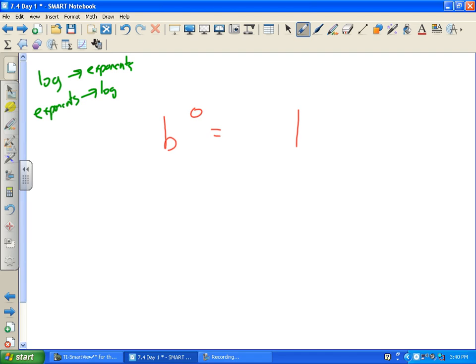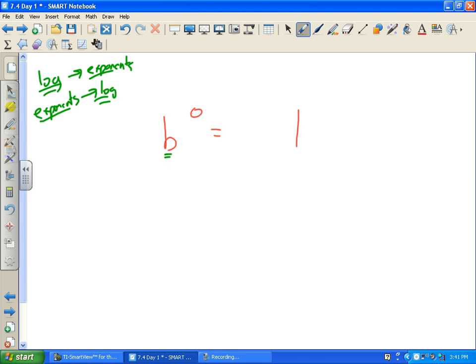All I want to do is change it from an exponential equation, which is what it is right now, into a logarithmic equation. In other words, I want to get rid of the base b. To get rid of a base b, that's here and here, I need to undo it by doing the log. So if it's a base, I want to get it to a log. If it's a log, I want to get to a base. So the inverse of a base is a log.